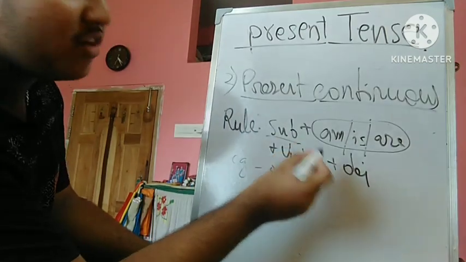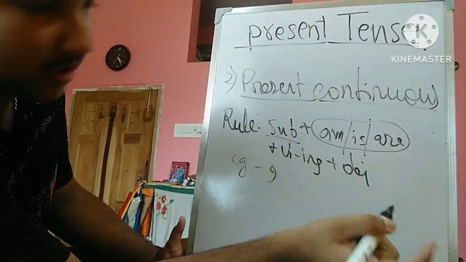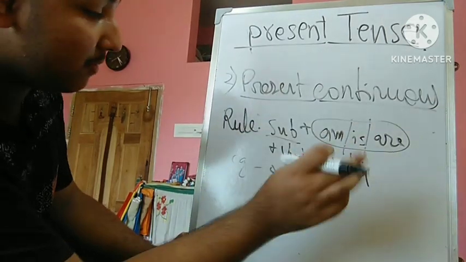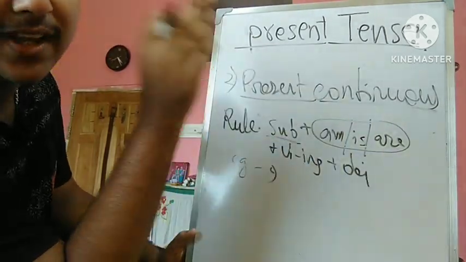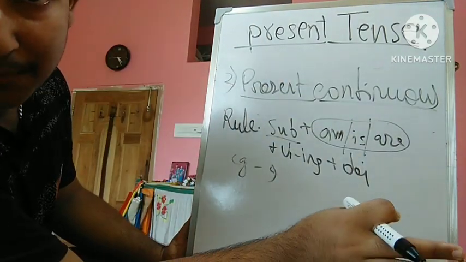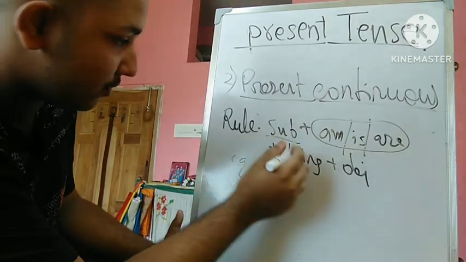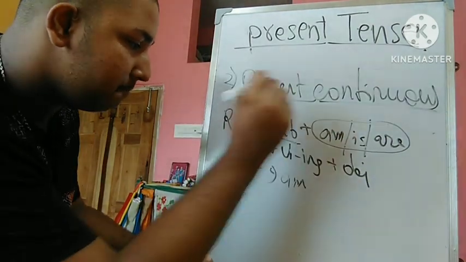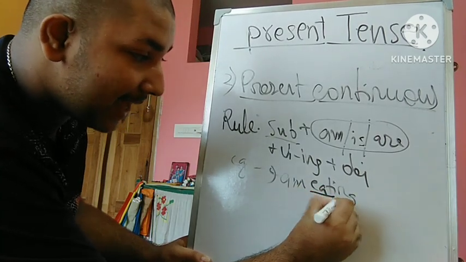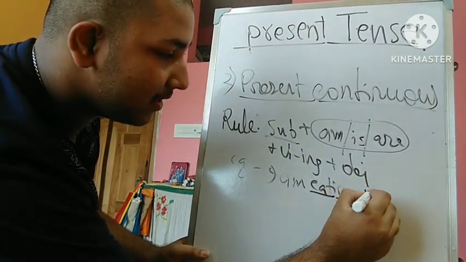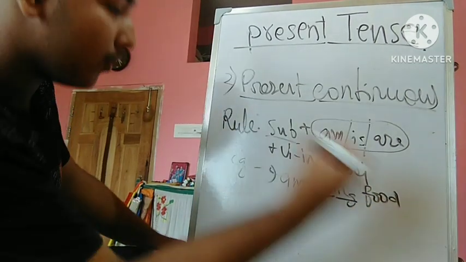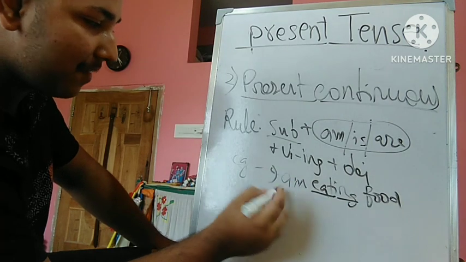Am is always used with first person singular number, means only I will be carrying am. No other word can carry am. Okay, very important concept. I am eating, V1 plus ing, eating food. I am eating food.